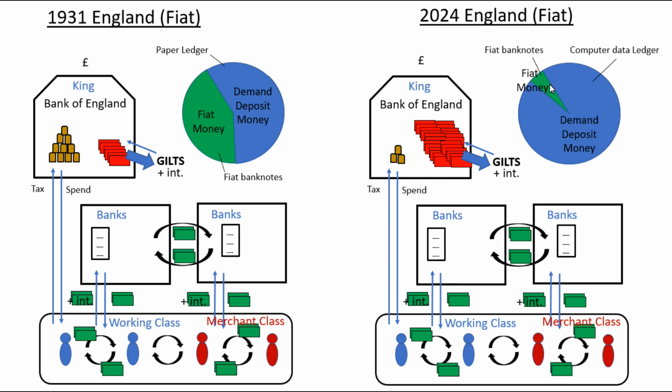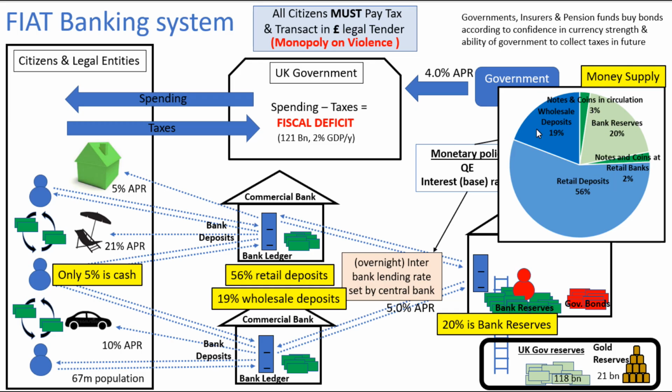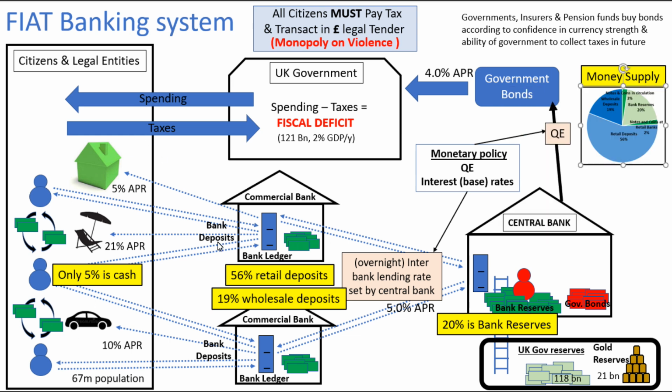These are essentially worthless pieces of paper, but nominated value in that they have the currency of the country printed on them. Then the majority, 95% of the money supply, isn't even cash. It's debt stored on computer ledgers by the banks. The vast majority of new economic growth is generated by banks creating more debt by lending people money to get their mortgages and splash their credit cards on holidays.